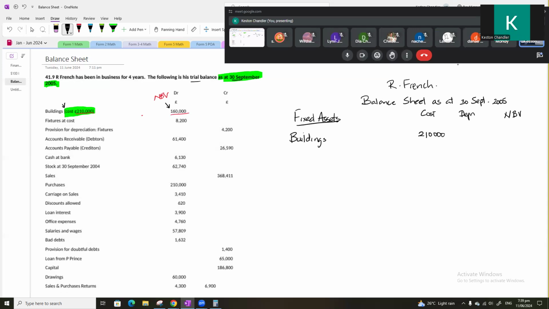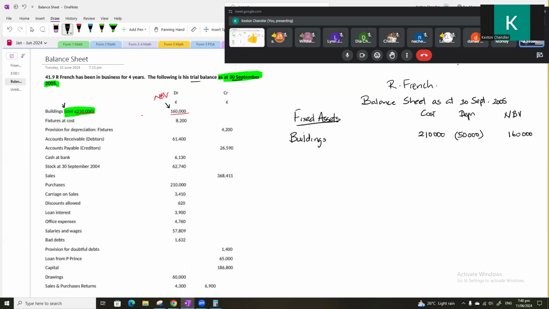And the net book value is 160. In order to go from 210,000 to 160, we are subtracting depreciation in the amount of $50,000. Everybody right with that? Right. Good.